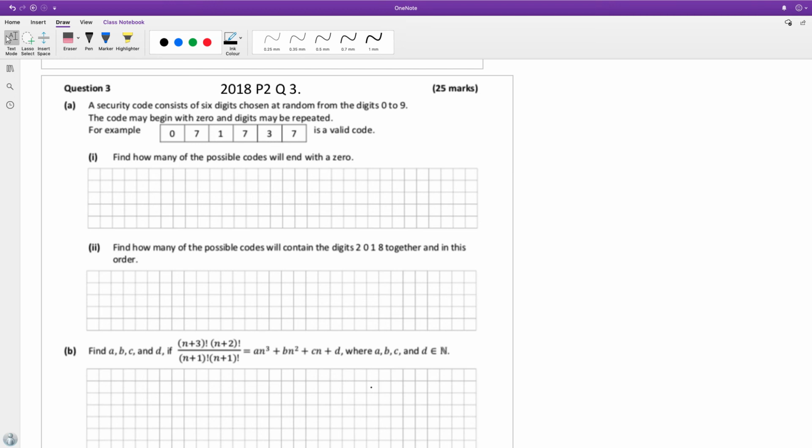Right, what's the only stipulation on the first one? That it ends in 0. So, how many choices have we got for the last? 1. Alright. How many boxes for 6 digits? 1, 2, and so on. Any other stipulations? Nope.